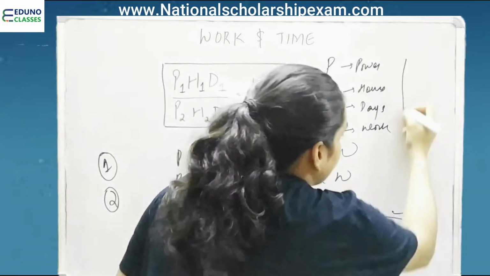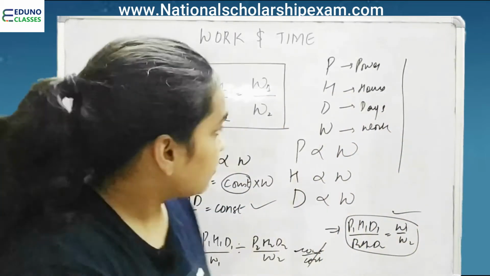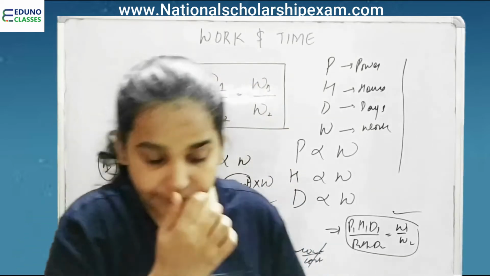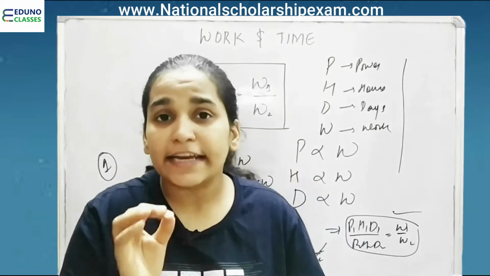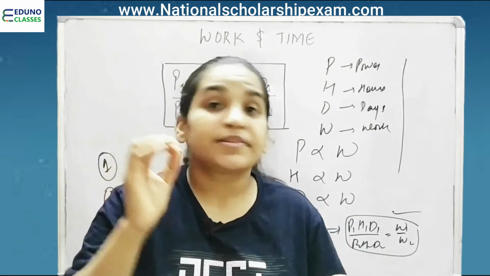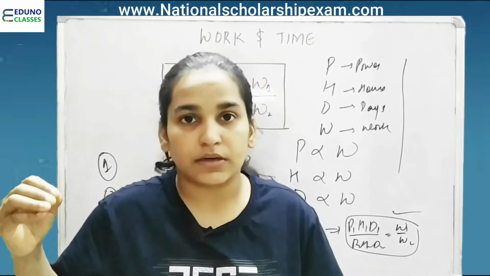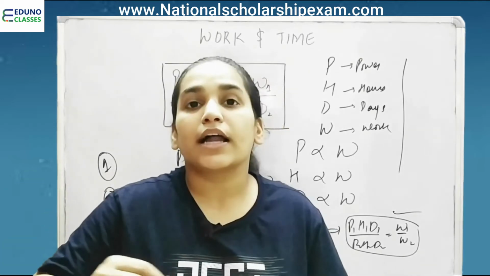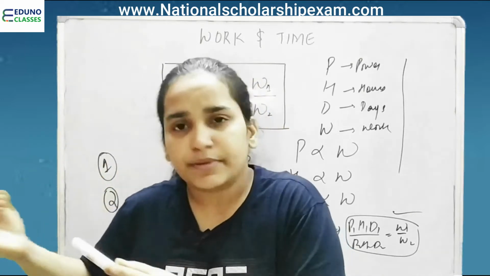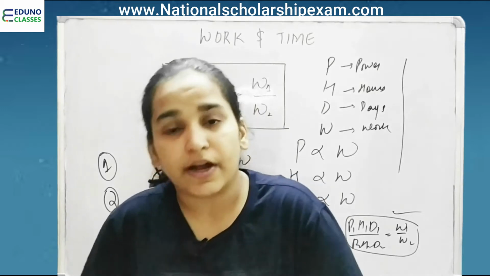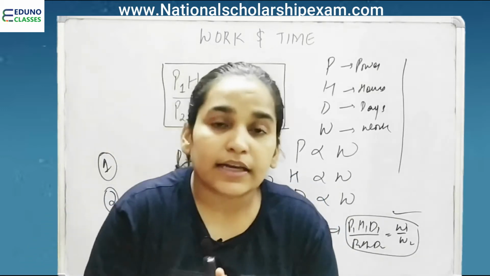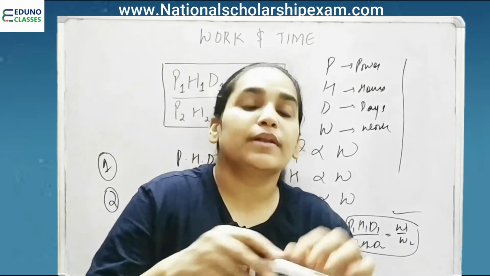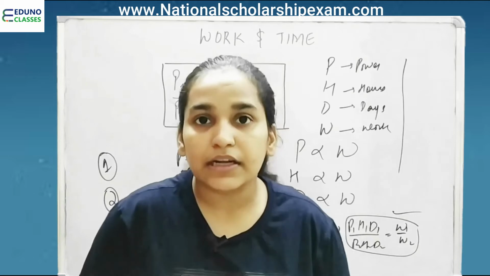To explain with an example, look, if you are dedicating 6 hours to complete a work, and another person is dedicating 3 hours for completing the same work, then you will say that the person who completed it in 3 hours has more power.